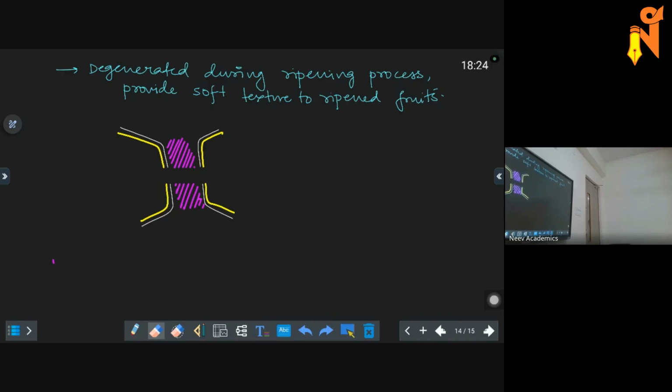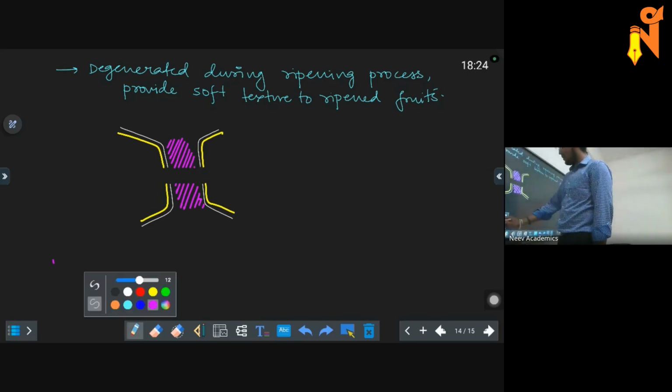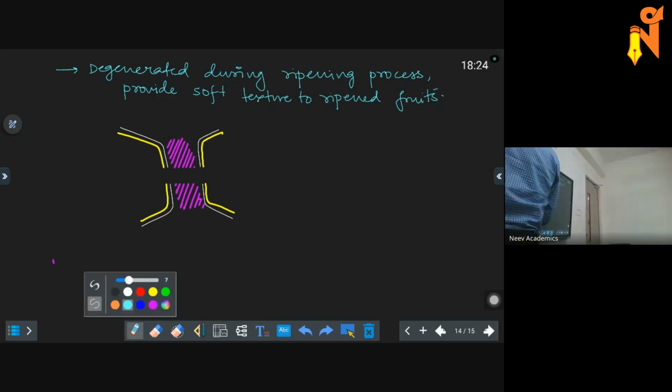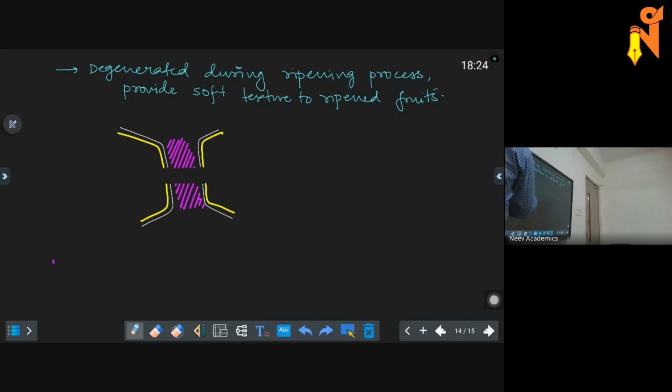Understood this? This will be bordered by plasma membrane. The bigger question is how the plant cell forms this plasmodesmata.